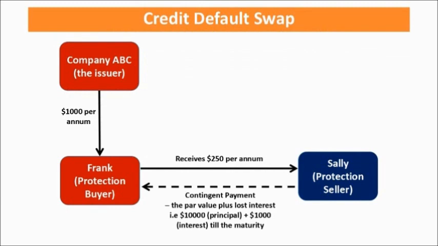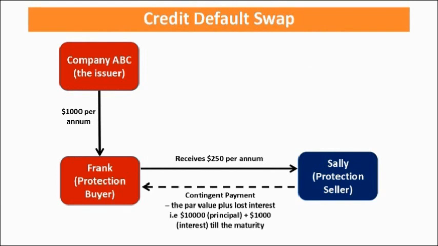So in this scenario we can see company ABC told Frank that on the bond it promised that it will pay $1,000 per annum. So Frank just wants to be more careful, so he wants to eliminate the default loss if ABC company is going into a credit crisis.